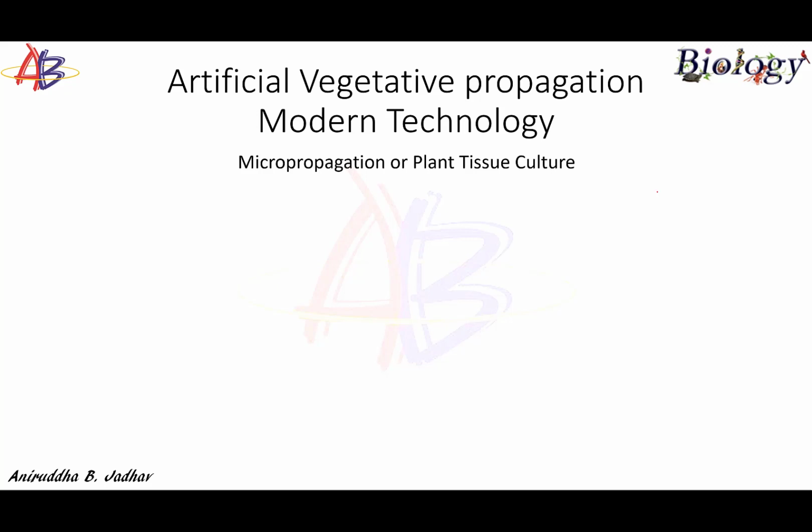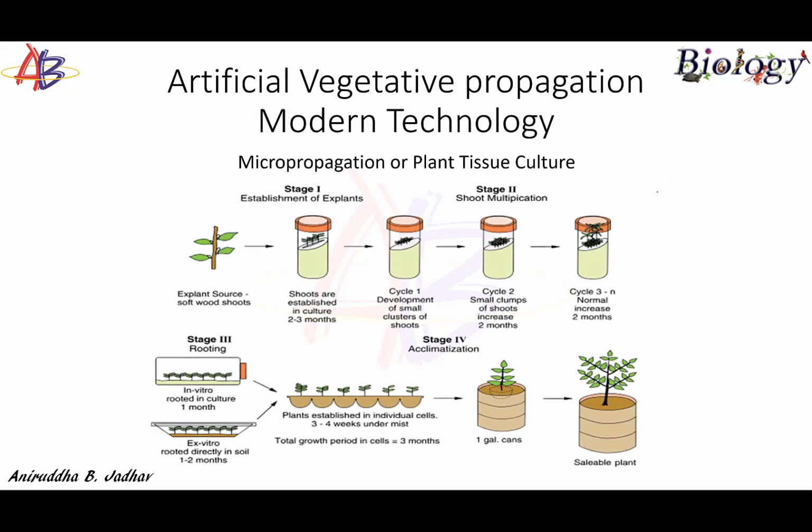Micropropagation is one of the methods adopted in plant tissue culture technology, and this technique is generally used to produce millions of clones of a desired plant variety from a small piece of plant part. So this is an outline of micropropagation.